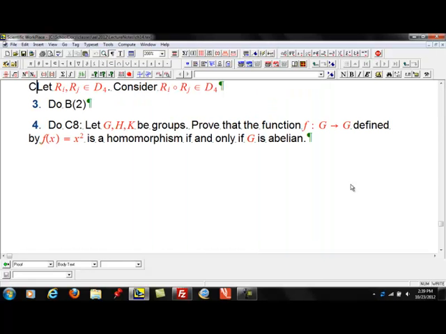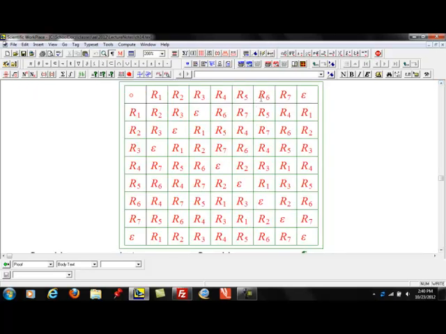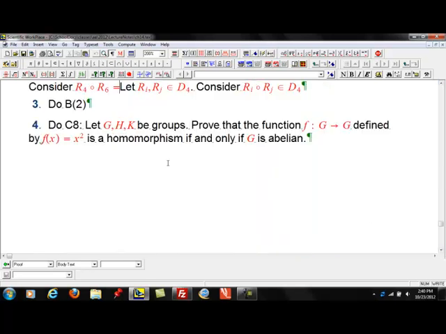So let's just consider, which two do you want? Let's do R4, R6. If you look on the table, R4, R6 is R3.